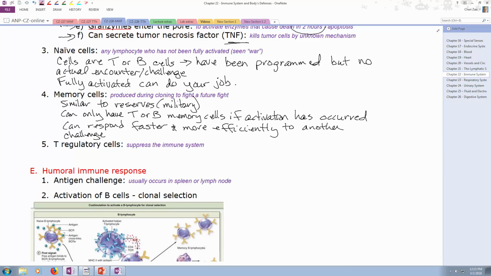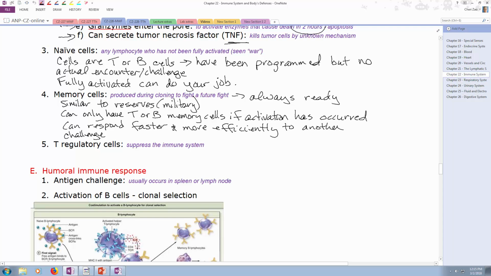Memory cells, too, are always activated. They're always ready. They know what to do. The other thing, though, in order for a memory cell to fully do what it needs to do, which is what a naive cell needed to do. In order for a memory cell to actually respond to another challenge, what must it do?